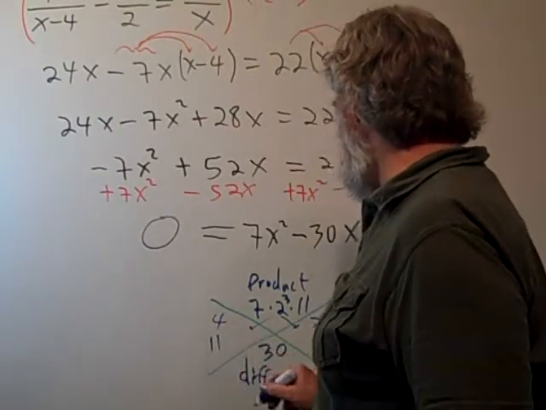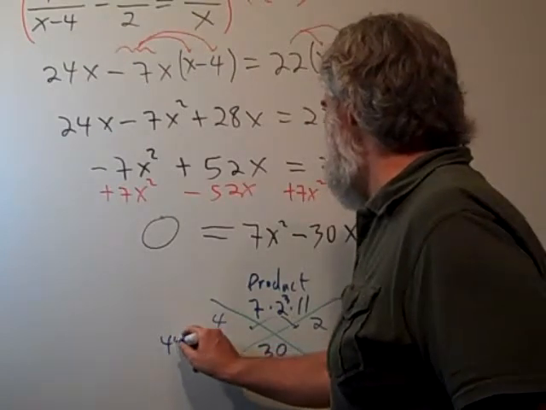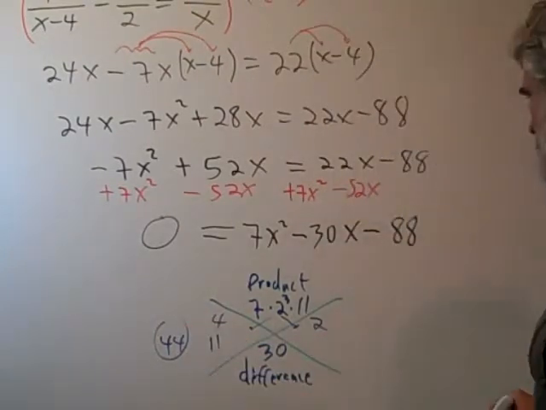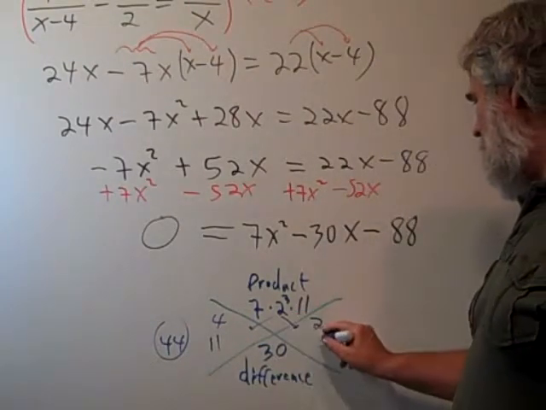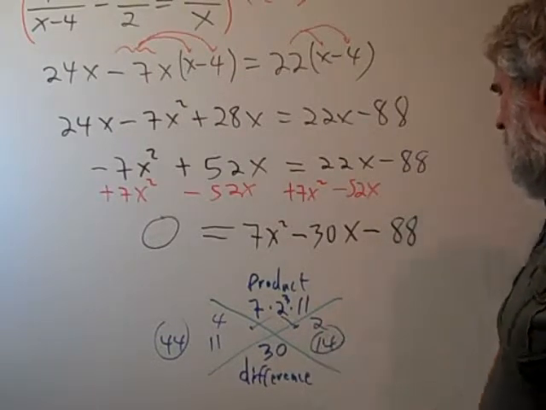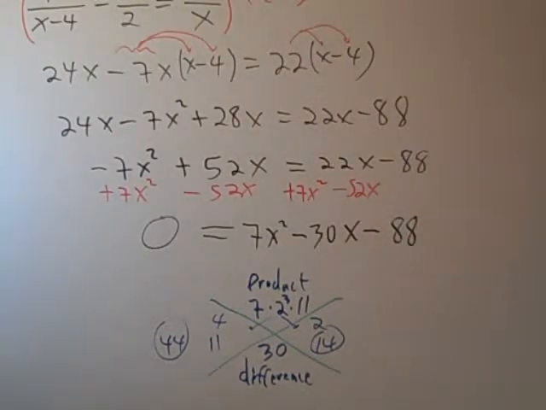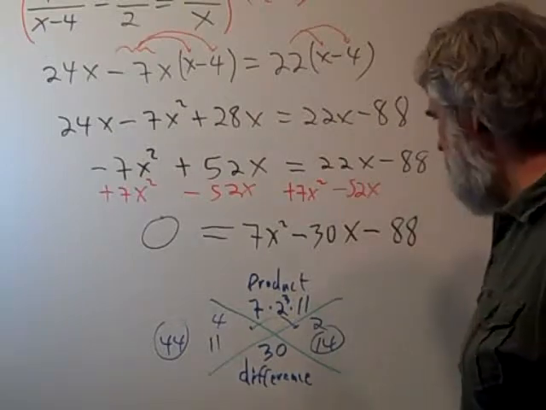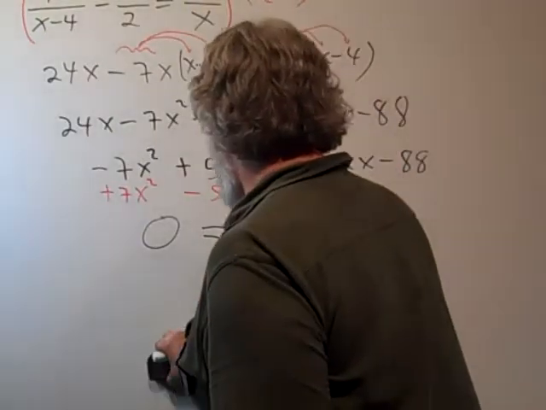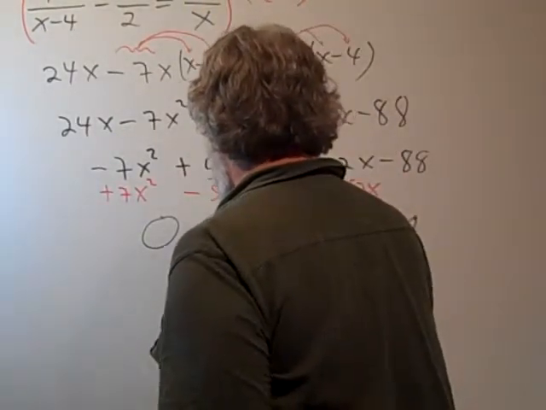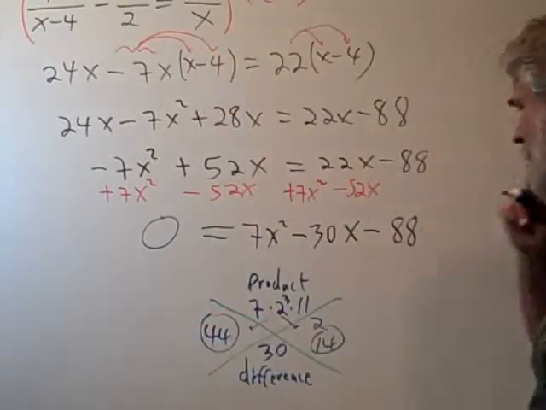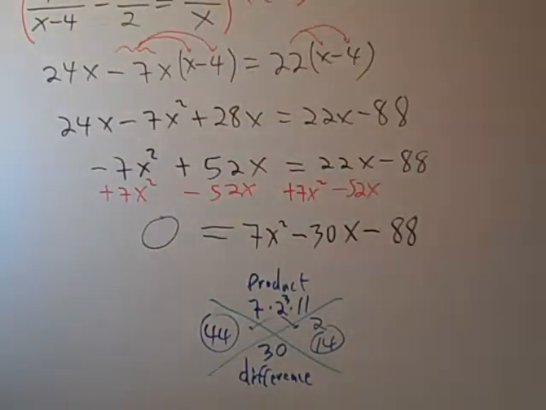If we put the 11 over here, that's 44 then. And the 7 over here, this is 14. They have a difference of 30. Those are the two numbers, 44 and 14.